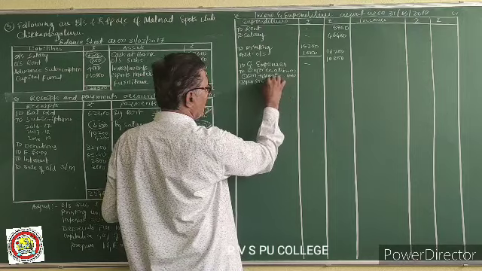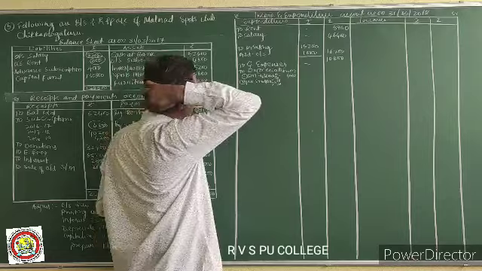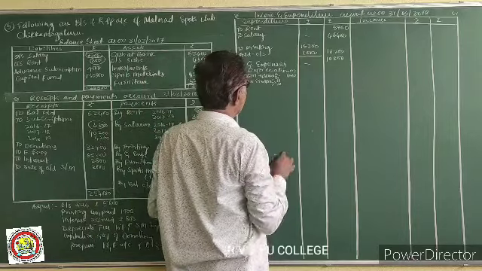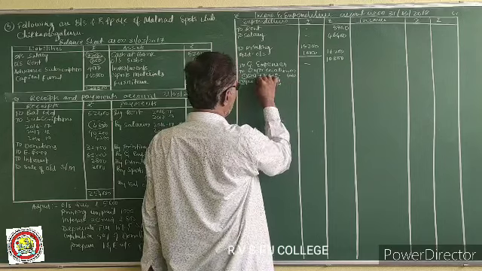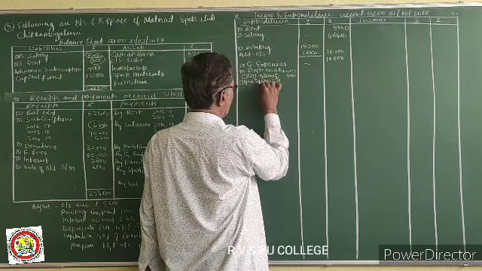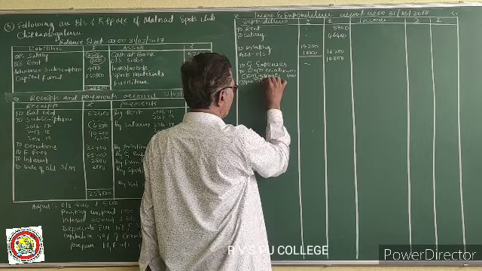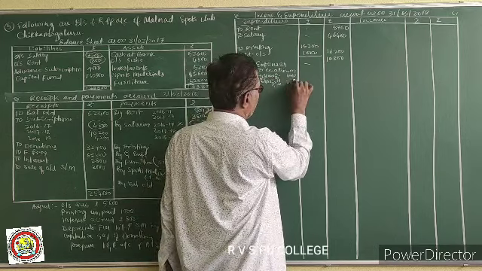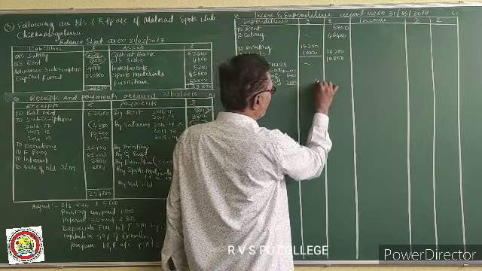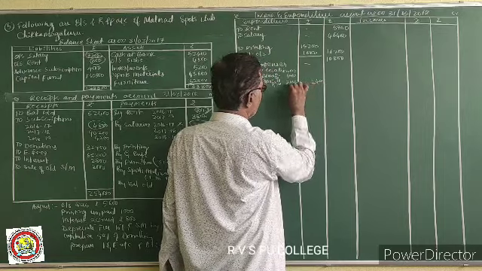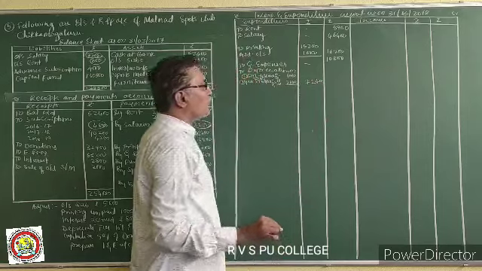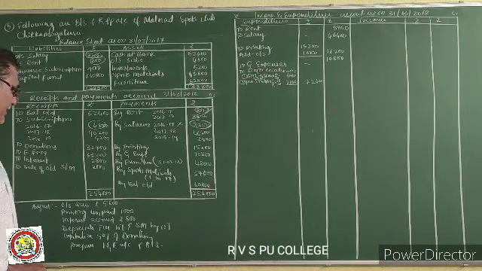So cancel. 2,880. Totally 4,360 plus 2,880, that is 7,240 in regards to the sports materials.